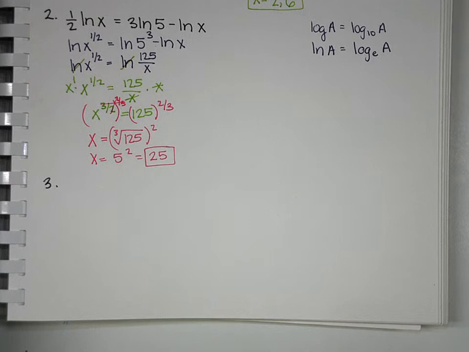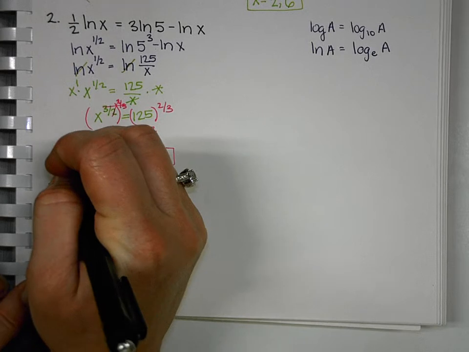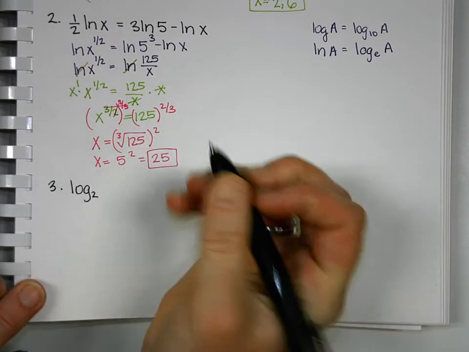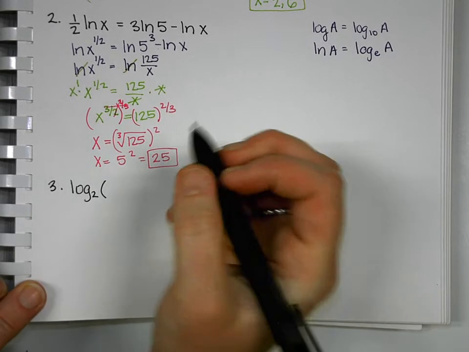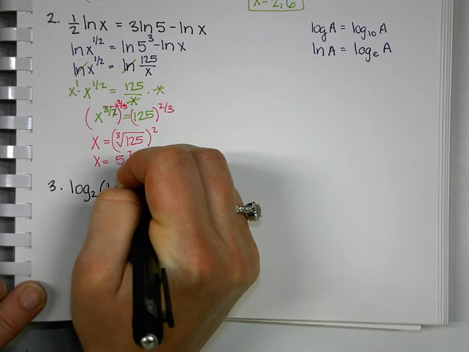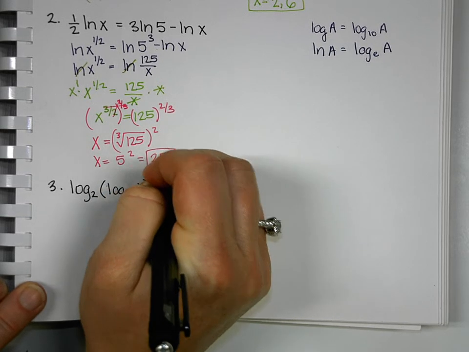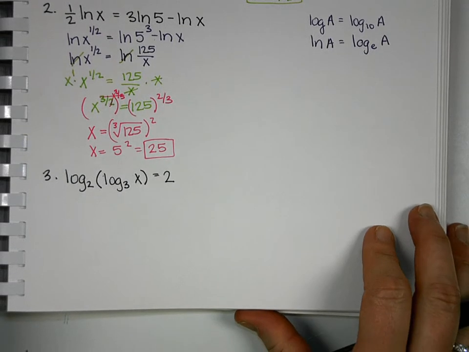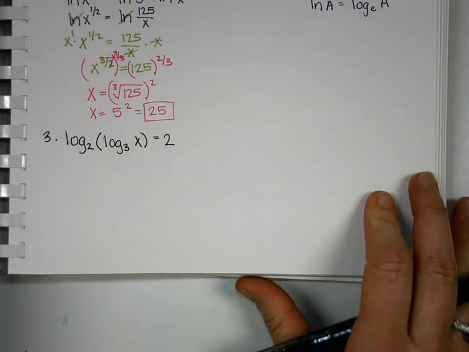Okay, this next one: log base 2 of log base 3 of x equals 2. So this last one is a log within a log.